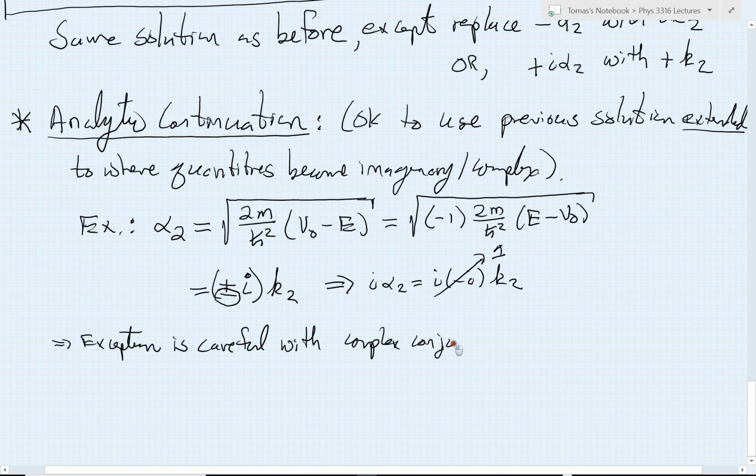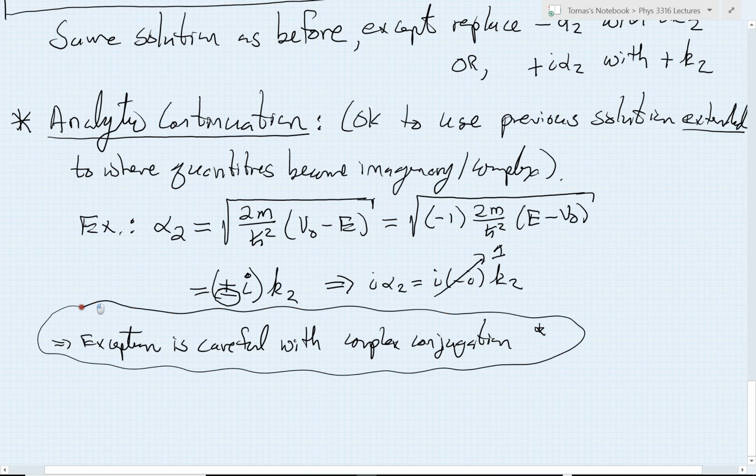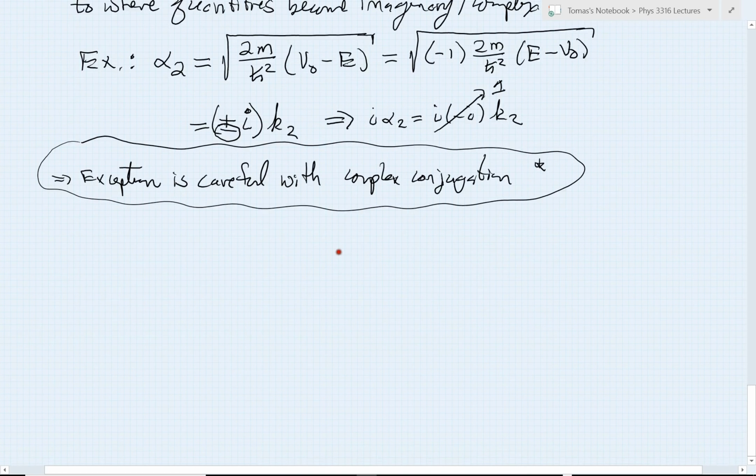Because a real number doesn't flip its sign when you complex conjugate, but an imaginary does. So if you see a complex conjugation, you will want to do some extra special thinking. But either way you cut it, we can immediately write down our solution to our downward step.